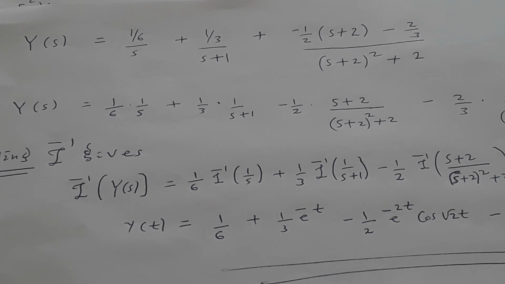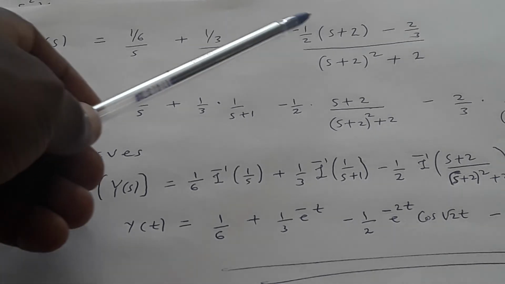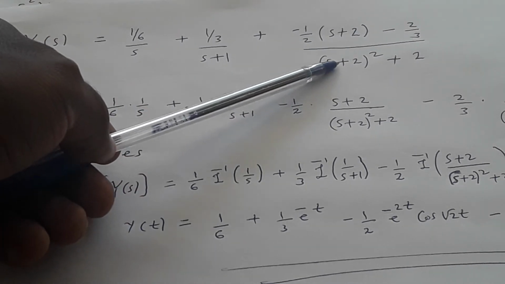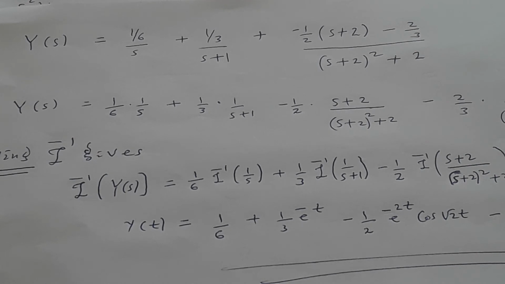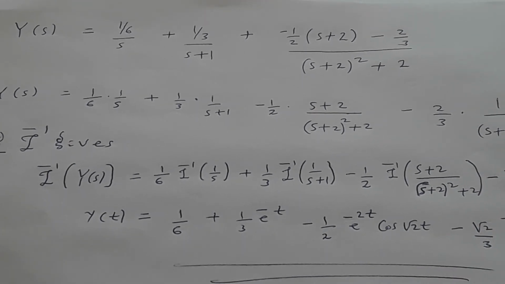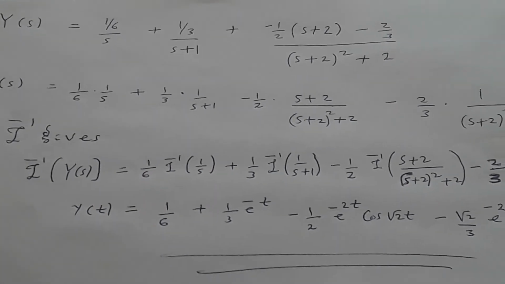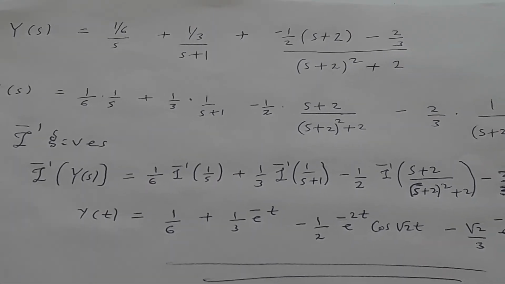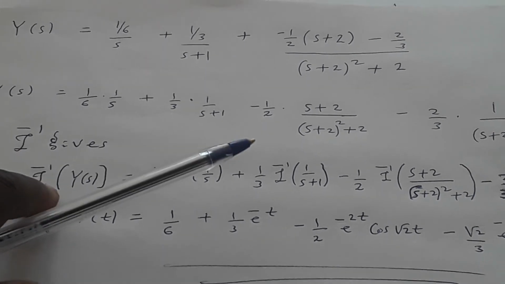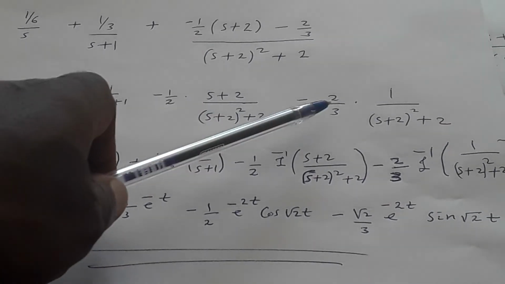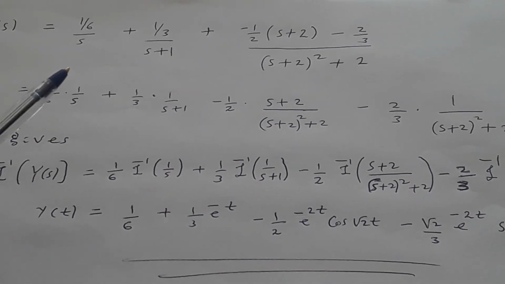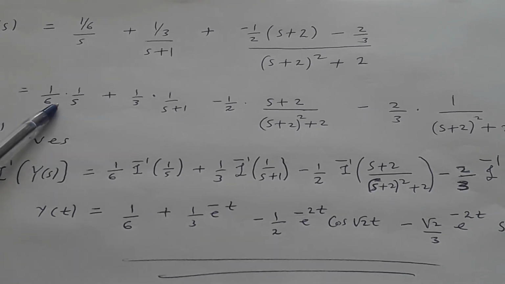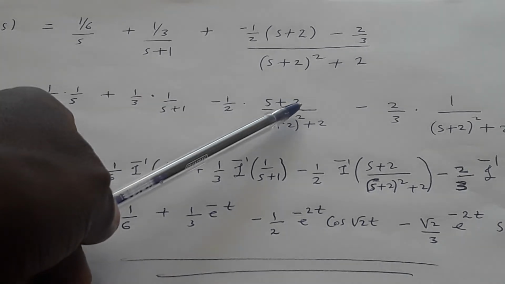Now we just make the shift based on the denominator. I think we have already seen in the inverse Laplace transformation how we compute it. So Y(s) in the simplest form is here. We apply the inverse Laplace transformation to this term, this term, here and here.